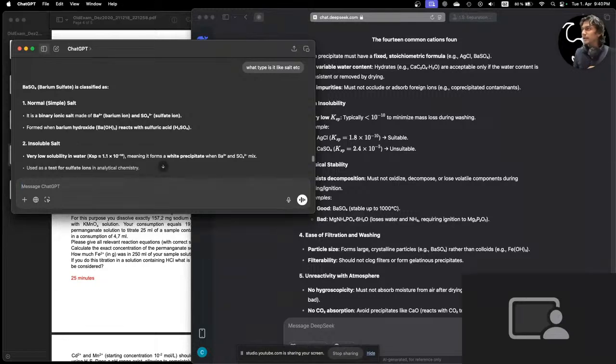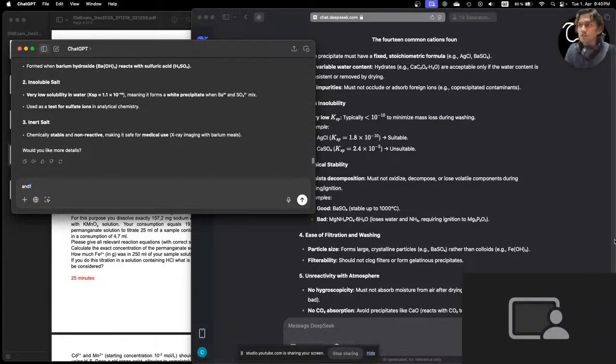It is a binary ionic salt. It is an insoluble salt. Okay, and it's also a crystal, right? Inert salt. Yeah, yeah, yeah. All the good things.